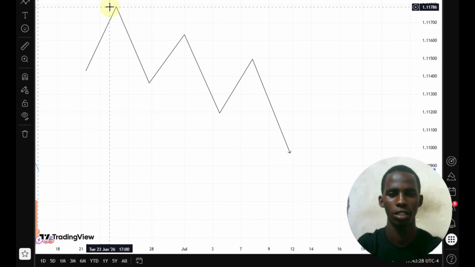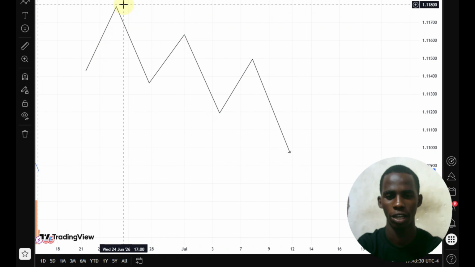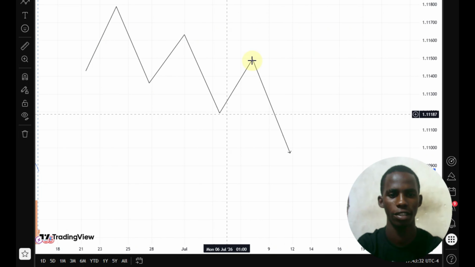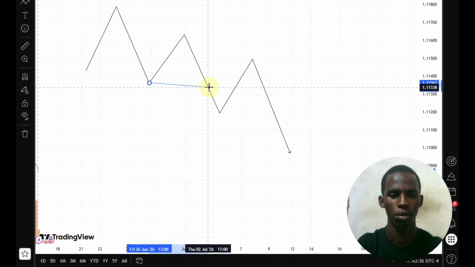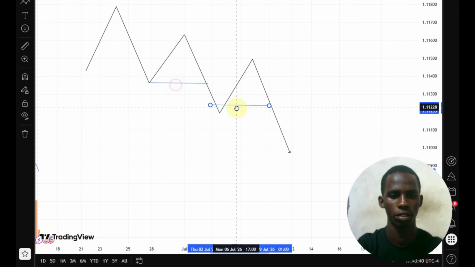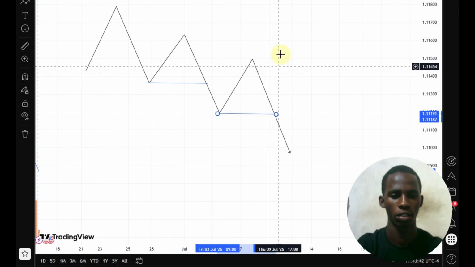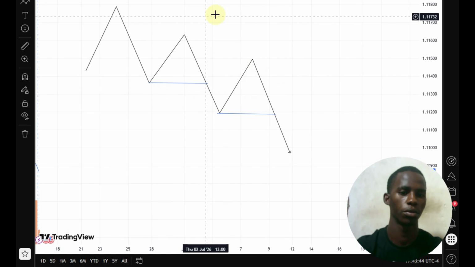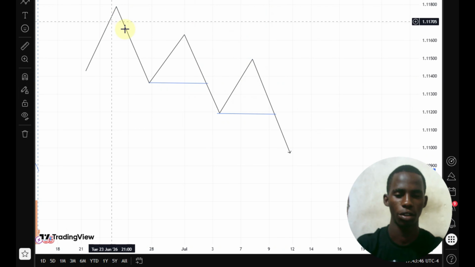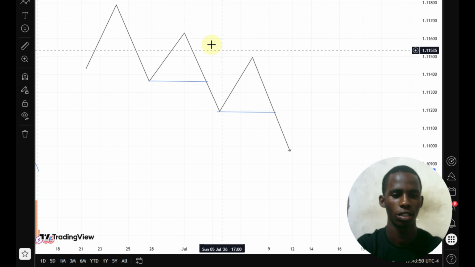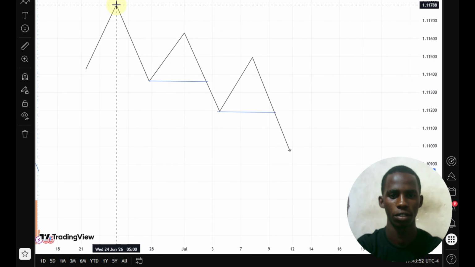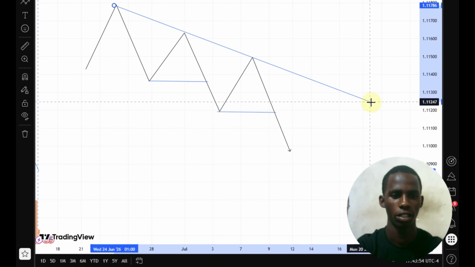It's making lower highs and lower lows, lower highs and lower lows, and it's breaking these lows. Okay, it's breaking all the lower lows. Okay, so I will draw my trend line on all the pivot points, continuing down from here, dropping lower.